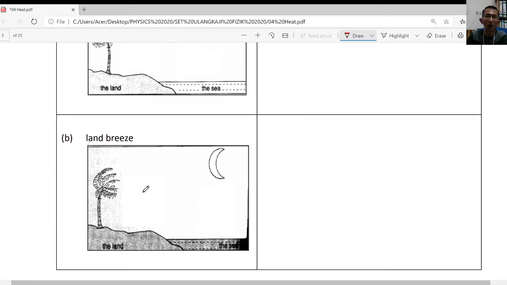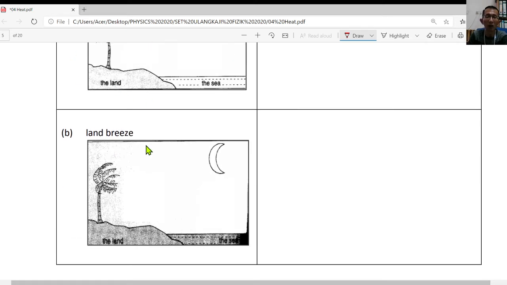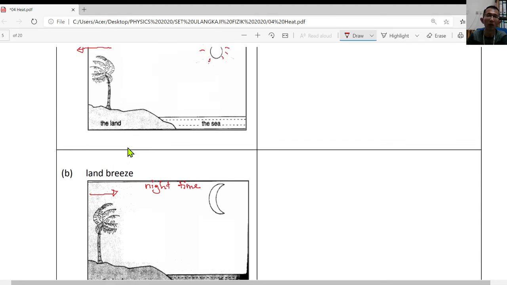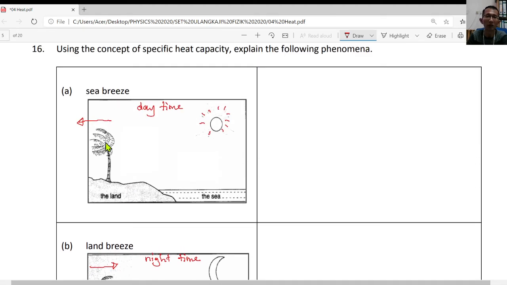Down here it happened during nighttime, and I can see that the leaf of the coconut here is moving to the right, so the wind is blowing to the right. But up here during daytime, the wind is blowing to the left.